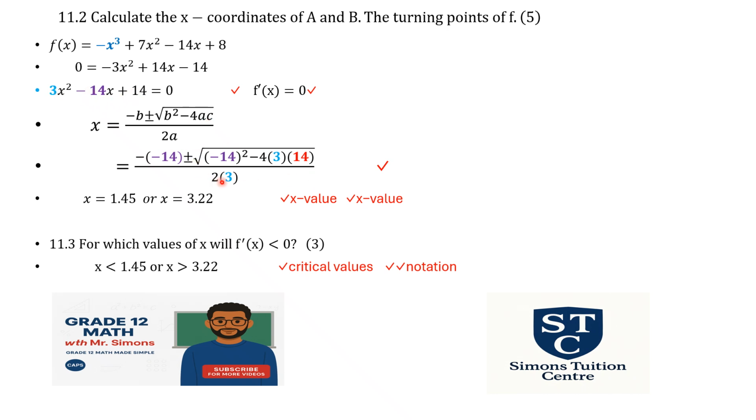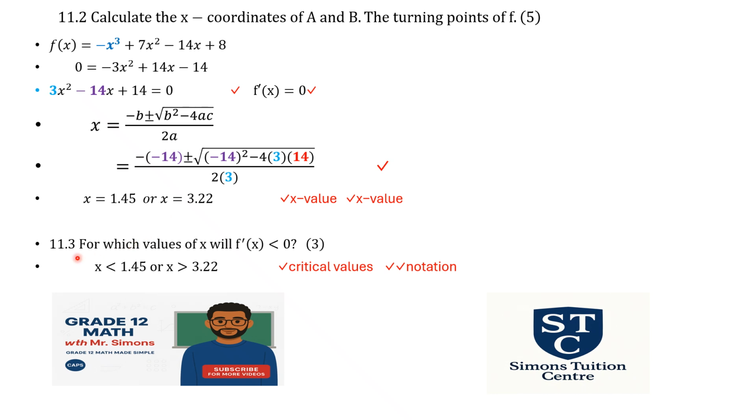With a at the bottom being 3, and if we simplify, I have x equals 1,45 or x equals 3,22. So 1 mark for one x value, and another mark for the other x value. If you forget the 'or', sometimes we give you 0 when we're marking that. So they're all very important. And when you get to university, you'll understand about OR gates, AND gates, XOR, XAND, etc.